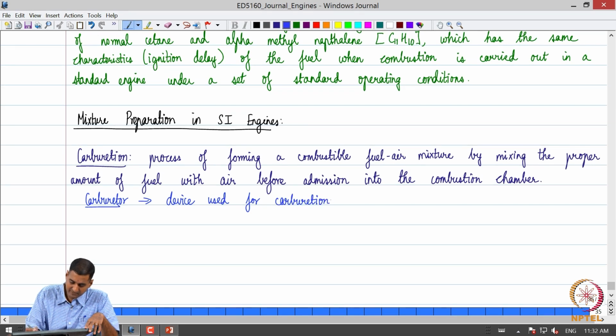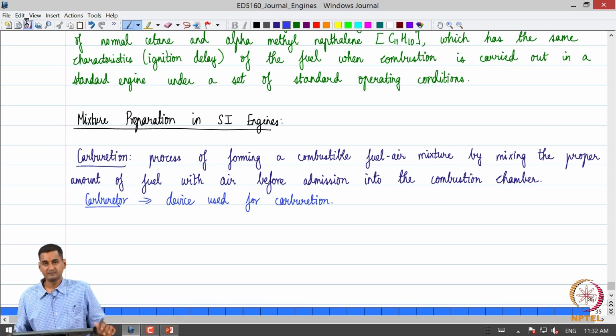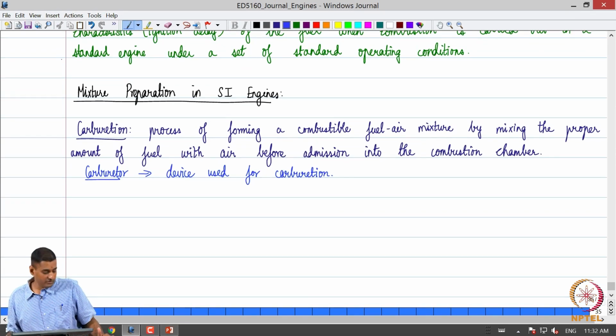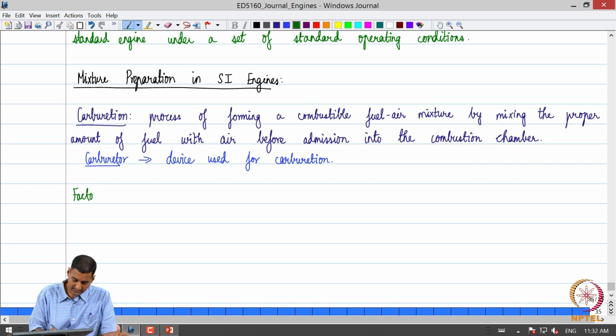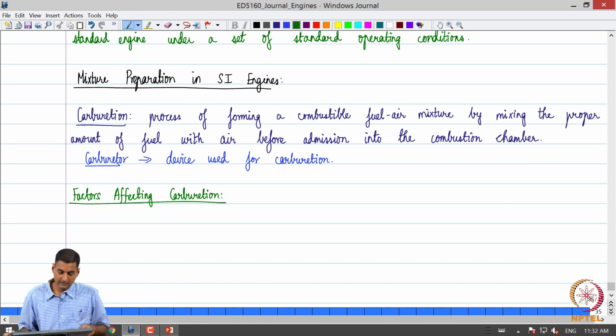So, carburation is a process. So, now let us look at what are all the factors that affect carburation and discuss them. So, the first factor which we would consider is engine speed.